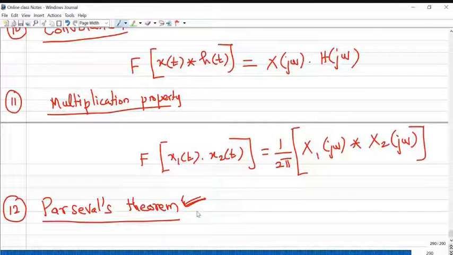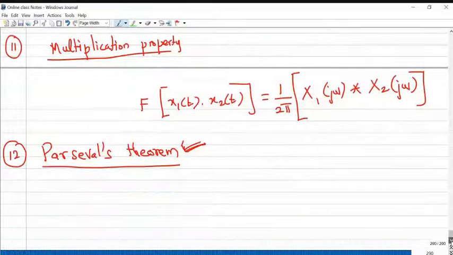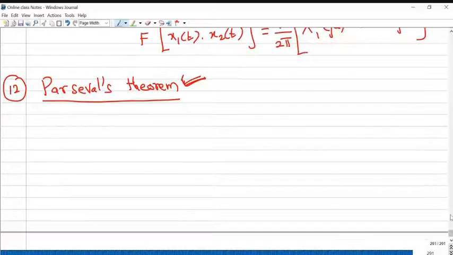Many times I see in the question paper: state and prove Parseval's theorem in Fourier transform, Laplace transform, DTFT, Z transform. In all the transforms, it is available.